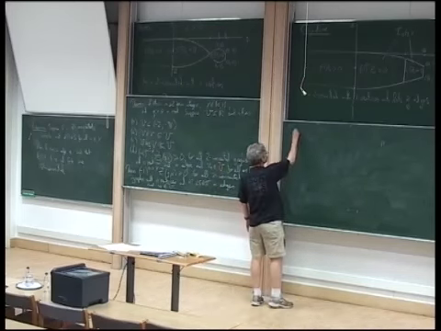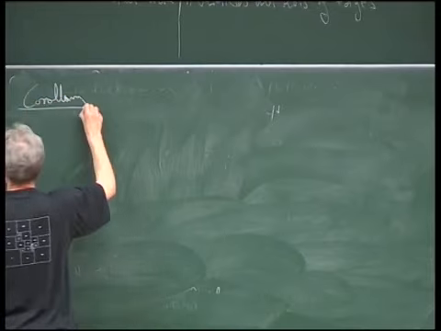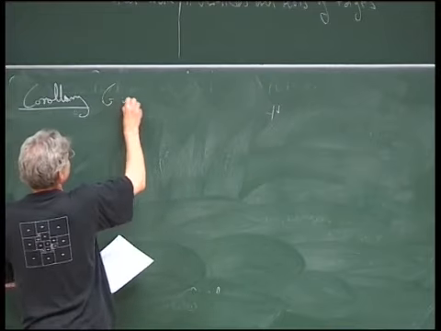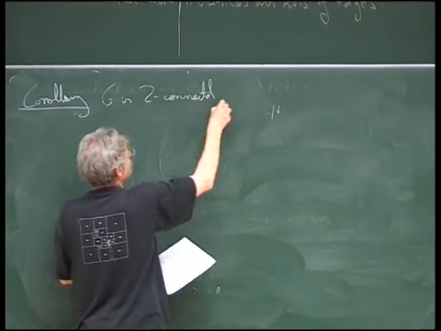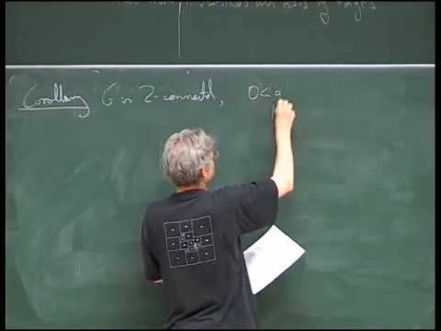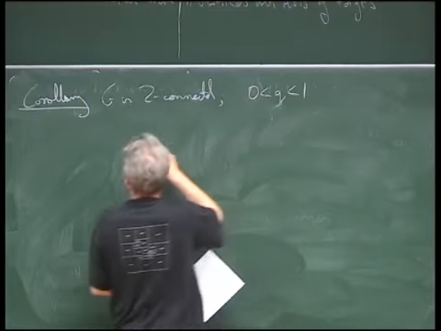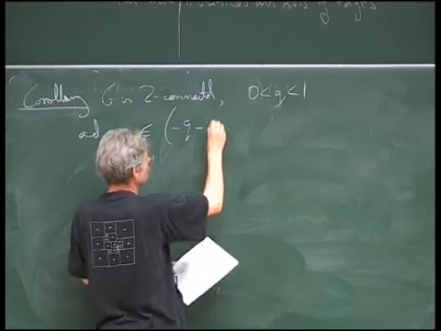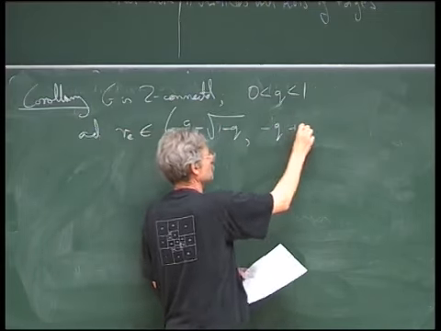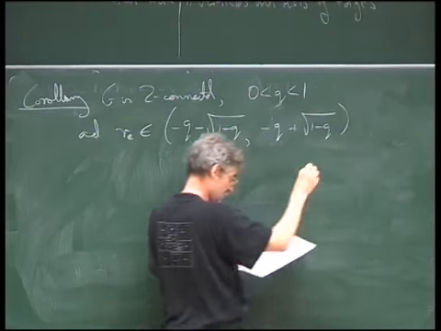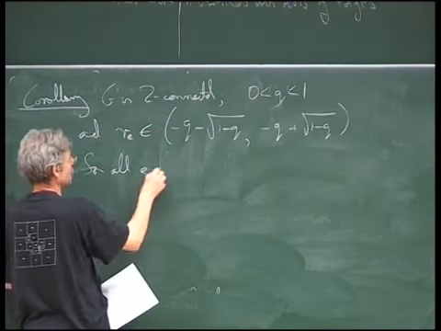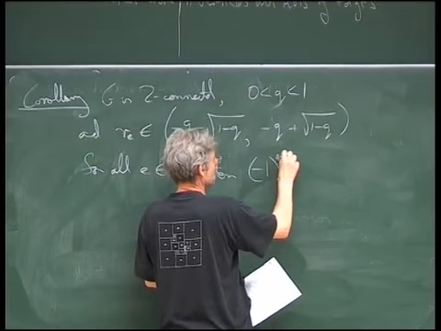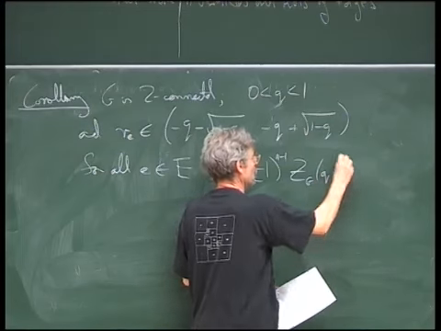So an almost immediate corollary of this is: G is 2-connected, 0 is less than q is less than 1, and v_e belongs to minus q minus root 1 minus q, plus root 1 minus q, for all e in E. Then minus 1 to the n minus 1 Z_G(q, v) is greater than 0.